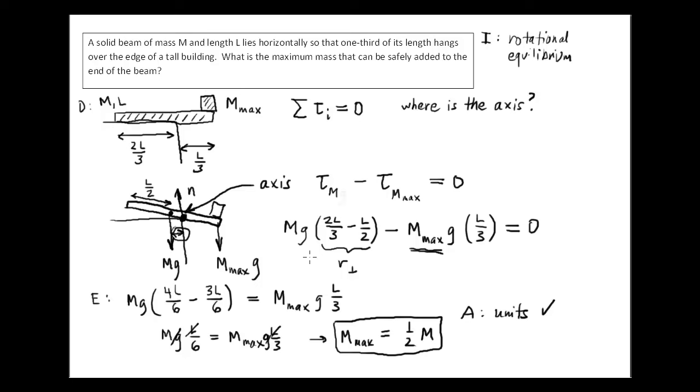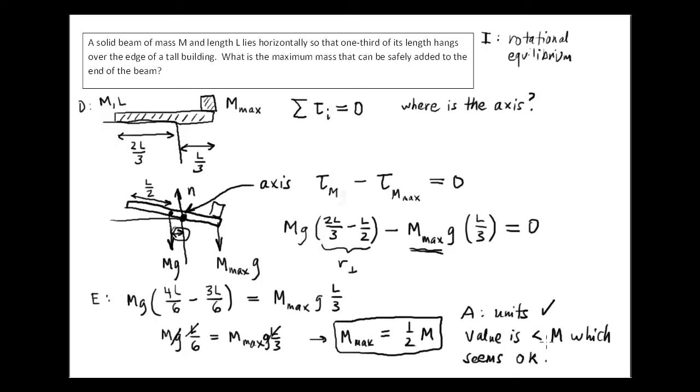So we kind of expect that the value for this maximum mass should be some fraction of the mass of the beam. So the value is less than m, which seems reasonable. That's about all that we can say with this.